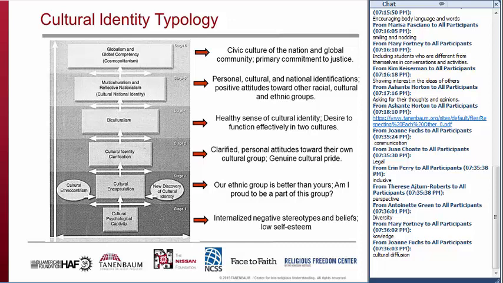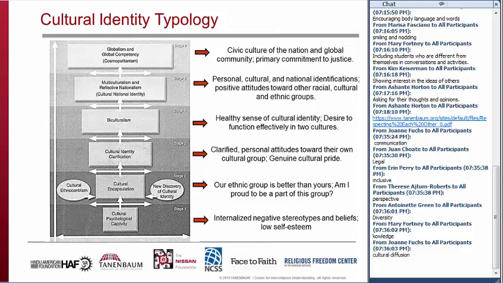And then this last phase is called globalism and global competency, and another way to talk about it, in parentheses, is cosmopolitanism. Dr. Banks describes this stage as one in which there is a civic culture of the nation and of the global community.